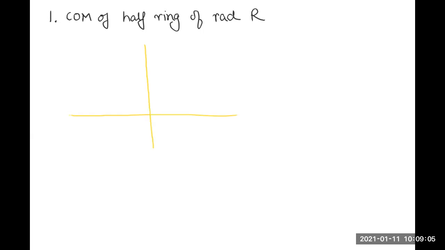Center of mass of a half ring of radius R. So here we have a half ring, and we are supposed to find the center of mass of this half ring.